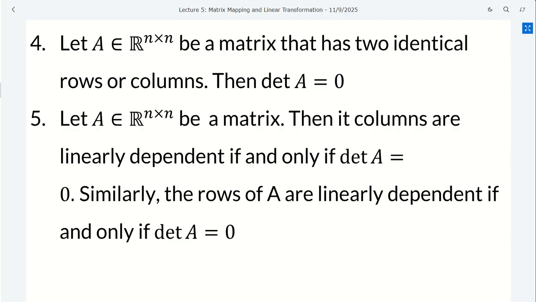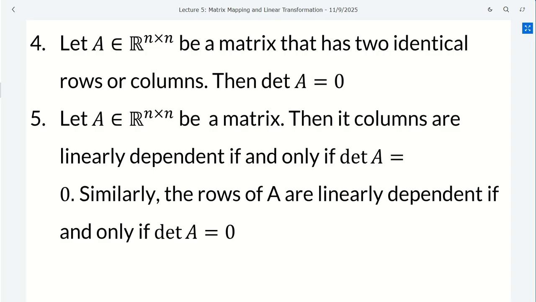Okay. Then, if a matrix has two identical rows or columns, you agree with me that you have dependency. One of the columns depends on the other, or one of the rows depends on the other.